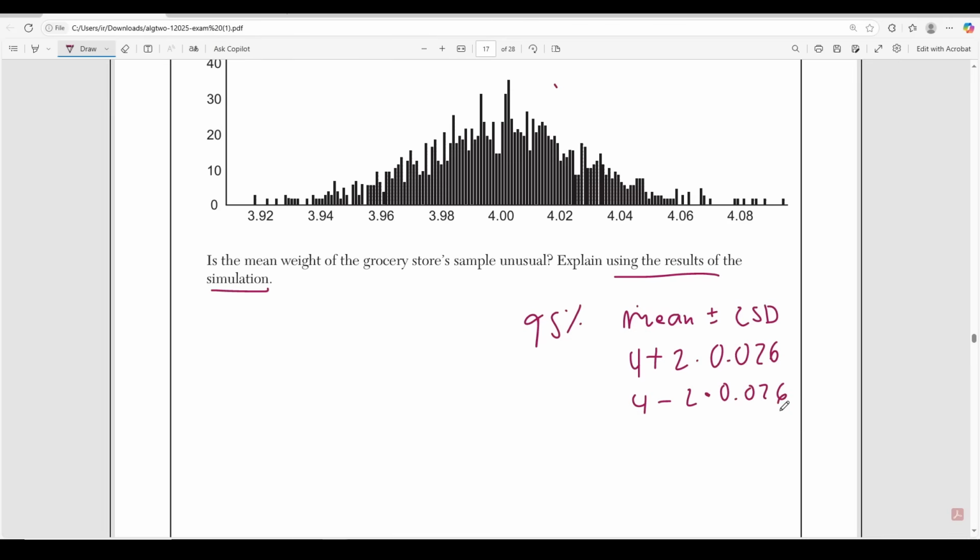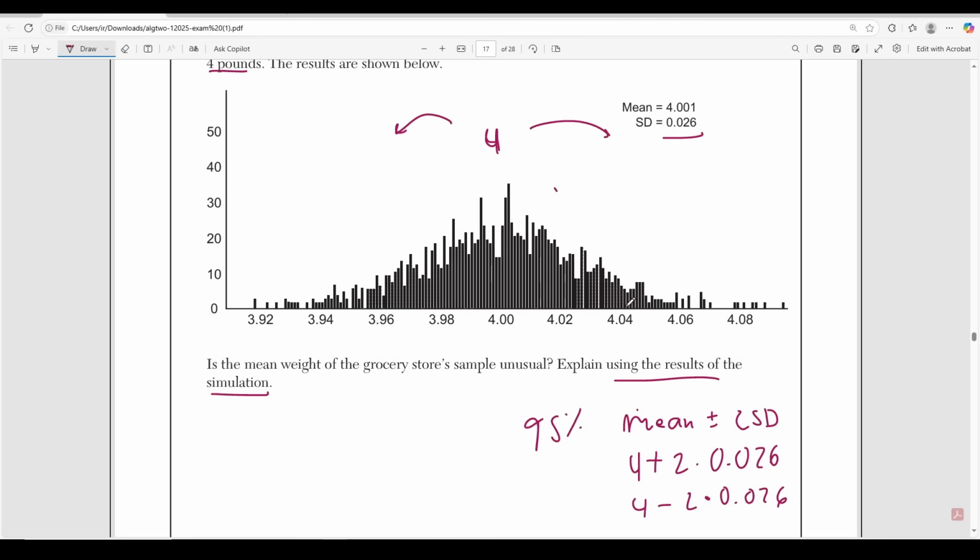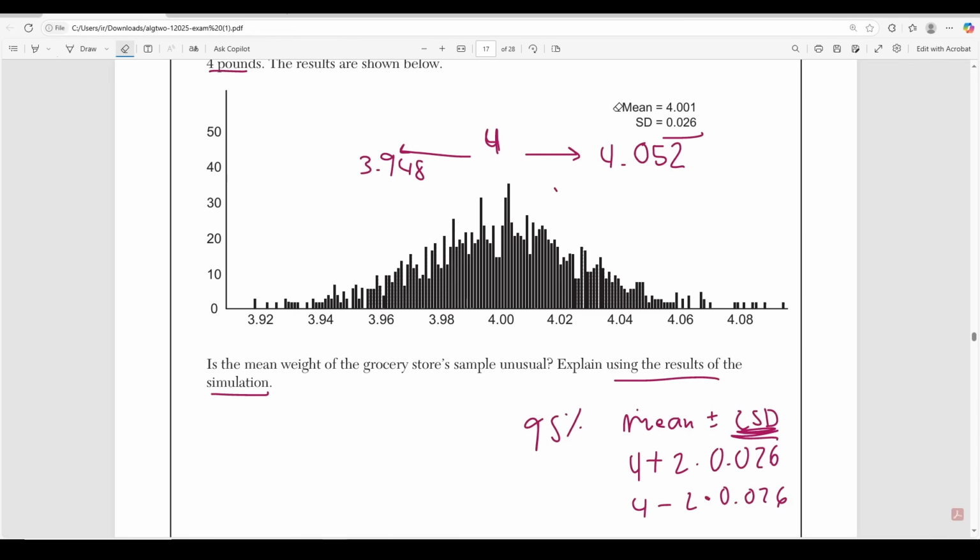So 4 plus that is 4.052, right? So put that right here, 4.052, okay? And on this side, we'll do 4 minus that, and that'll give me 3.948. So what this rule states is when you find that plus or minus 2 times the standard deviation, 95% of all your data is going to fall within this range, okay?